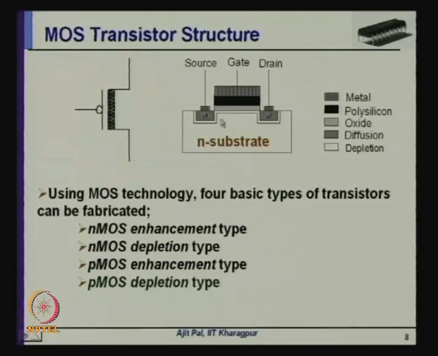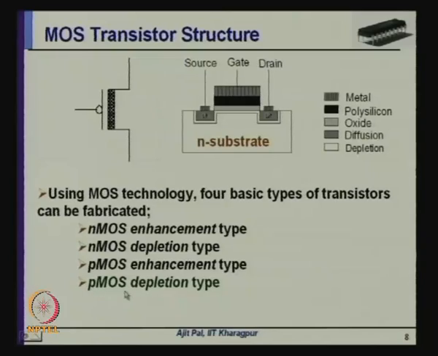In this case, just like the NMOS depletion type, the holes are implanted in this region to have a channel even when the gate voltage is 0. Then you can apply a positive voltage to the gate to gradually reduce the number of charge carriers in this channel region, and in this way you can control the flow of current.